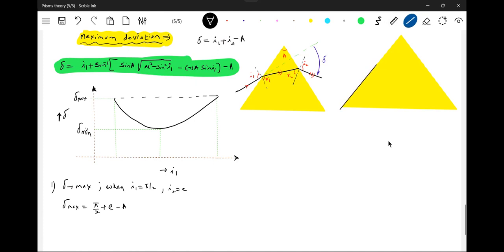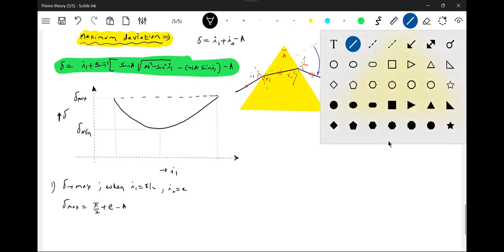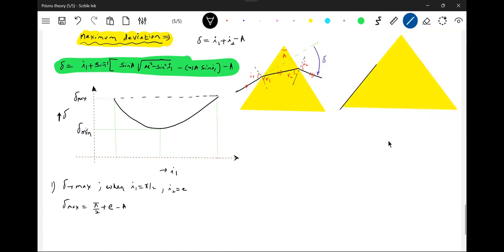grazing incidence, some angle. Okay, just follow the diagram.